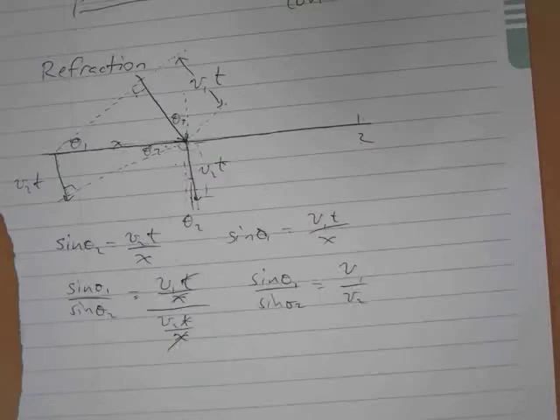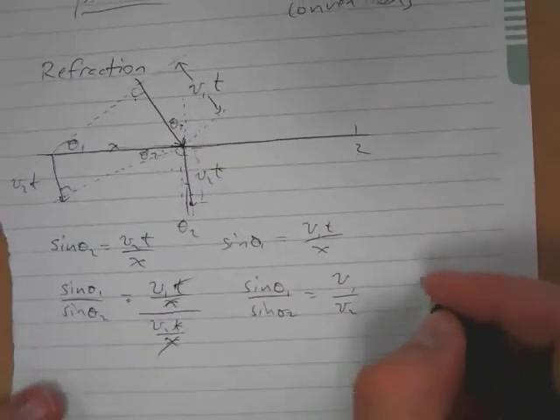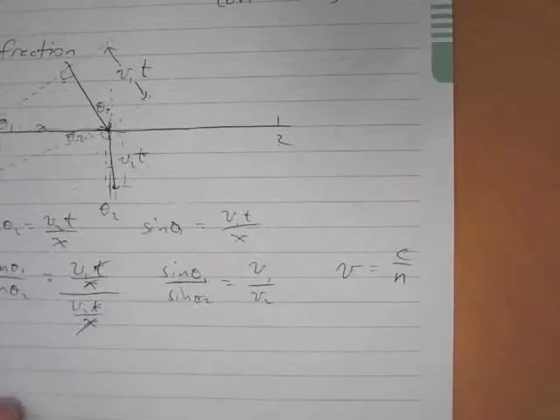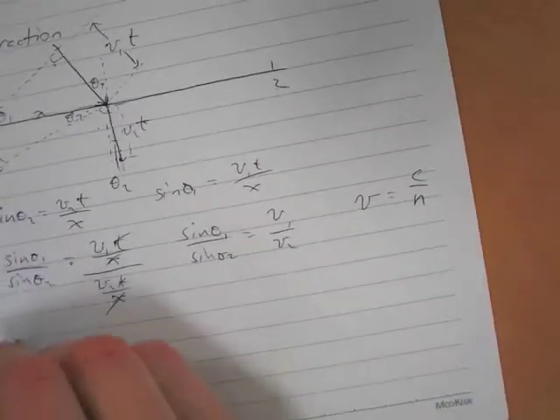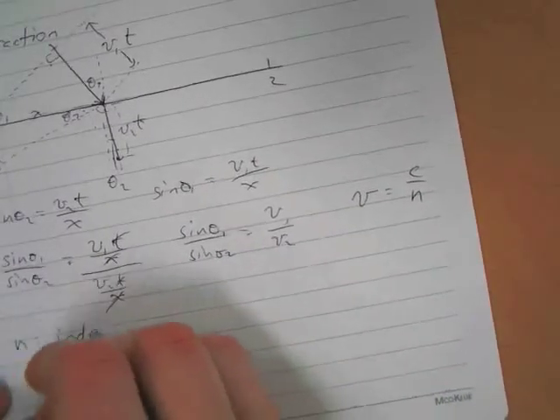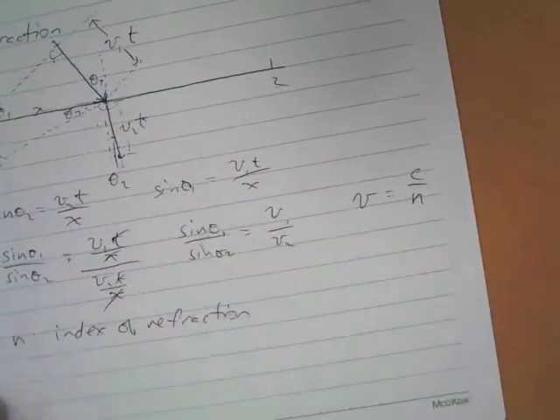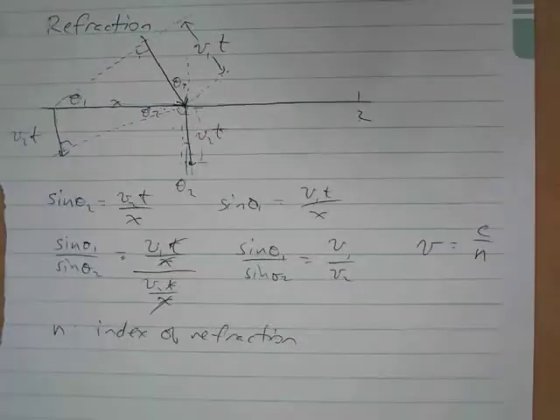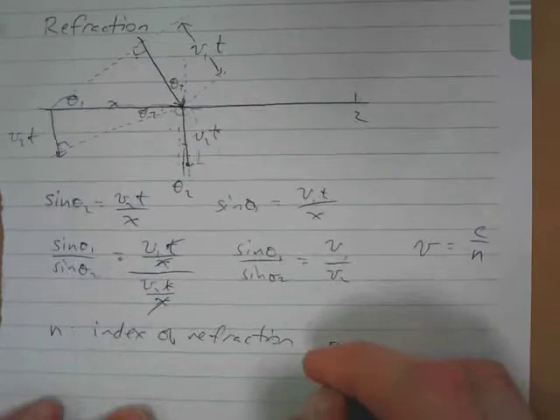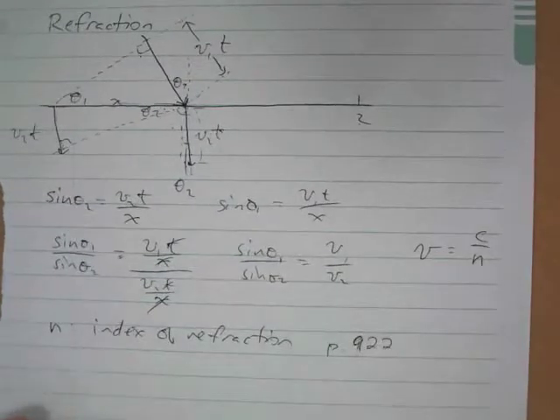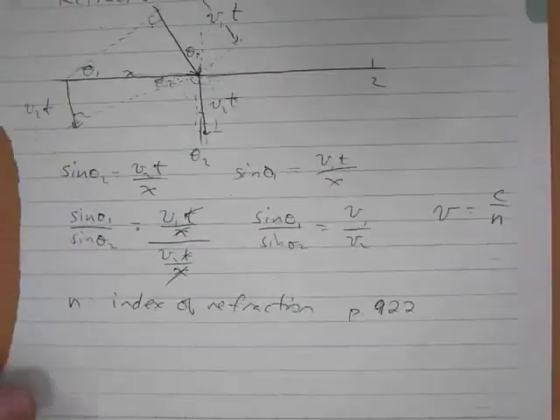Now, in general, the speed of light in a material is equal to the speed of light c over n, where n is known as the index of refraction of the material. The index of refraction is a property of whatever the material is. On page 922, there's a table that has all the indices of refraction of various substances, and you'll use those in your homework problem.